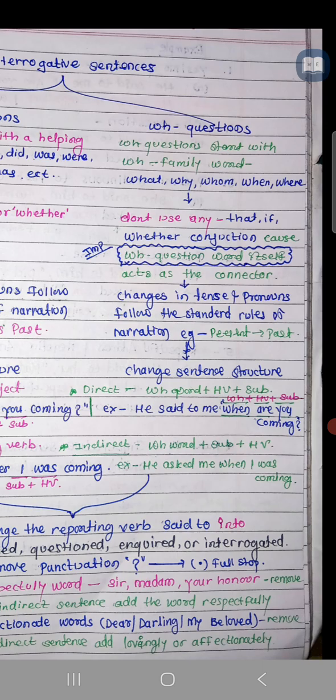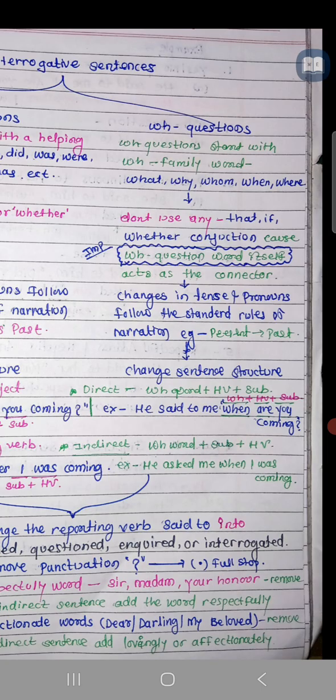The big family, royal family, supreme family doesn't change its word. That means if the direct speech has a WH family word, in the indirect speech there is no change, no removal of the WH word.